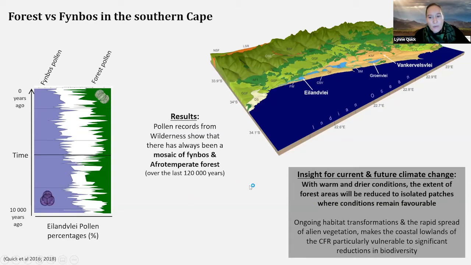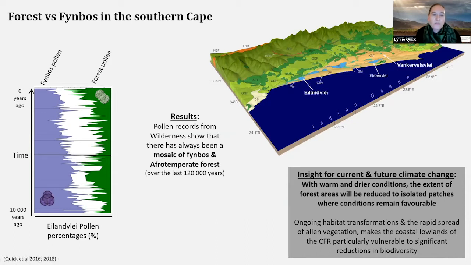What we could probably expect to see, which we know from a more modern botanical perspective as well, but is reinforced here in the pollen, is that with warming and drying trends that may happen within the current and future, we will see less and less Afrotemperate forests, and these will be more in refugia where they are able to withstand climate change, and more resilient fynbos types coming through instead of, and replacing, some of the forest within the region.